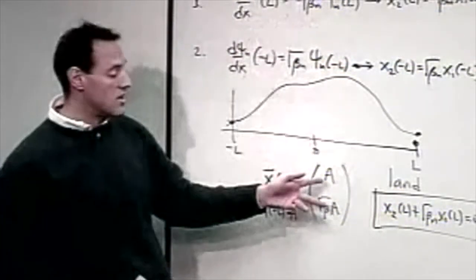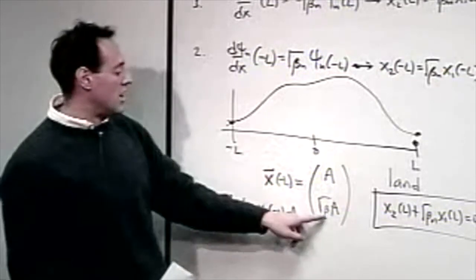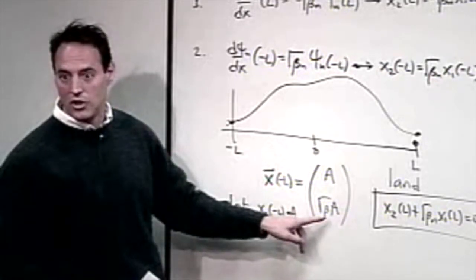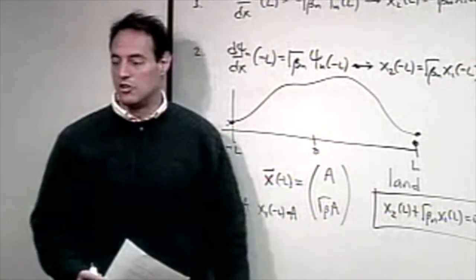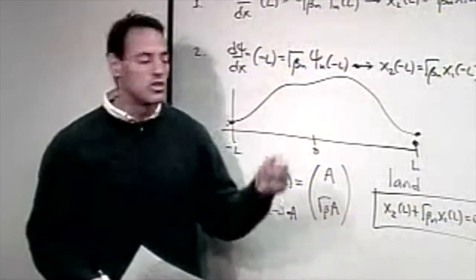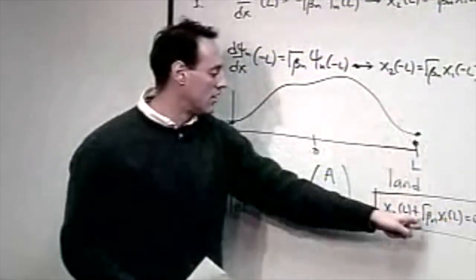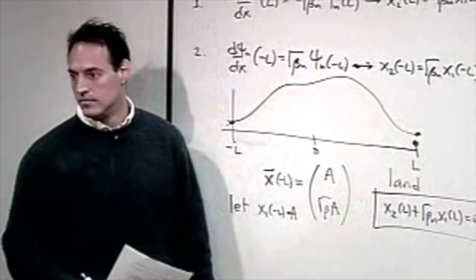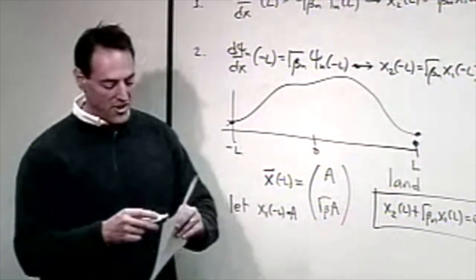This A can just scale out of the problem very easily because it's linear. It's the square root of beta. What you're going to do to change what goes on here is change the beta value. You change the value of beta until you get the right value of beta, so that when you launch here, you land there. Okay? That's it for today.